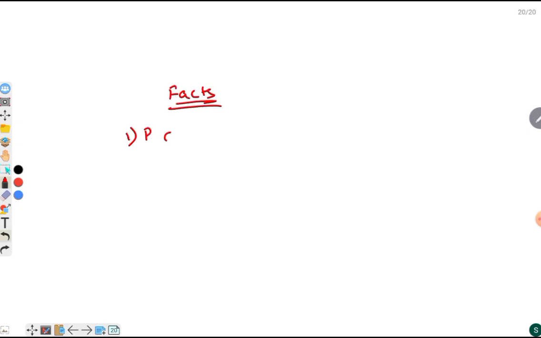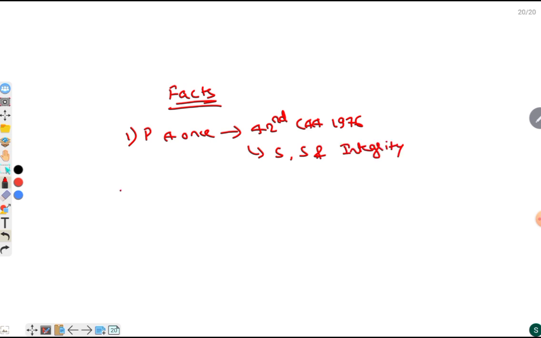Now let us see the various facts of the preamble. The preamble was amended once, that is true, by the 42nd Constitutional Amendment Act 1976. Here the words socialist, secular and integrity were added. And the second fact is the preamble is non-justiciable in nature, that is you cannot move to the courts saying that there is a provision in the preamble and my basic rights have been violated.